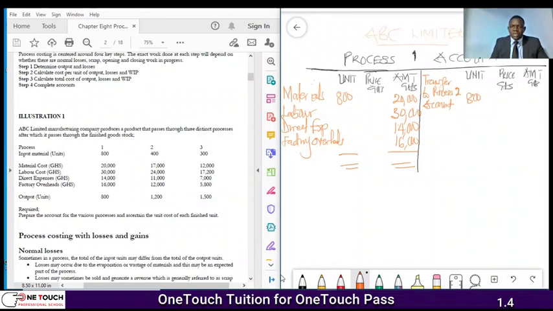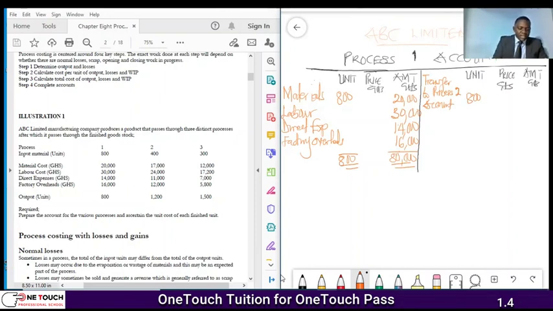Good. So now let's look at the total costs that were incurred in process 1. I have 20 plus 30 plus 14 plus 16. That gives me 80,000. Now this 80,000 was the total cost for 800 units. So what's the unit price?